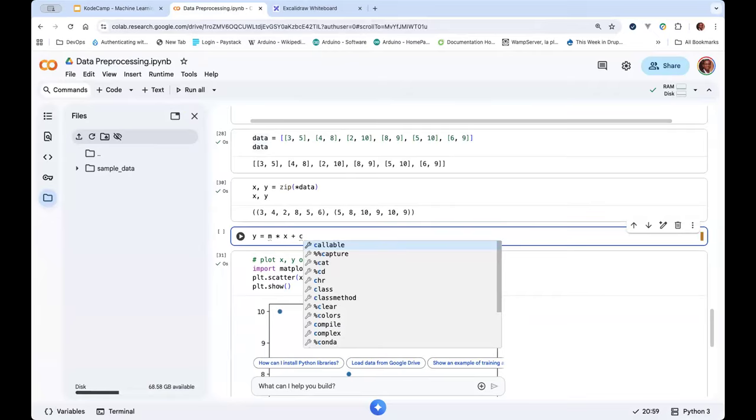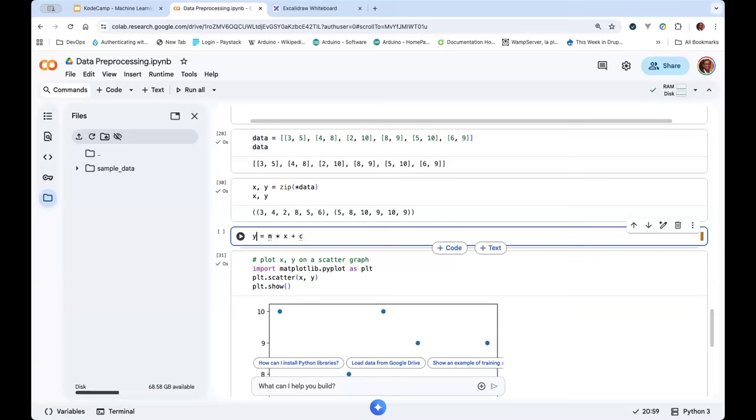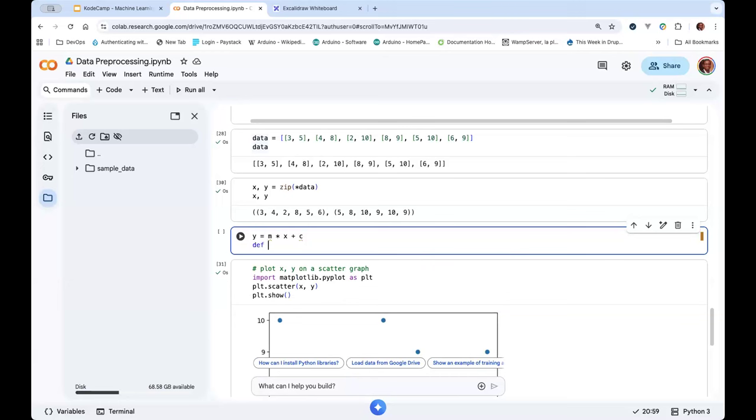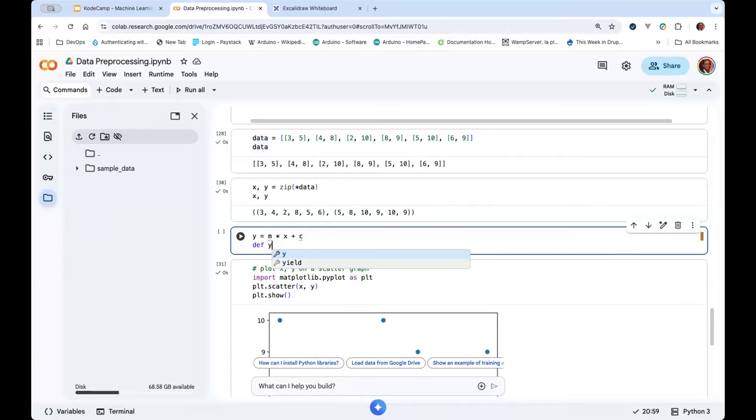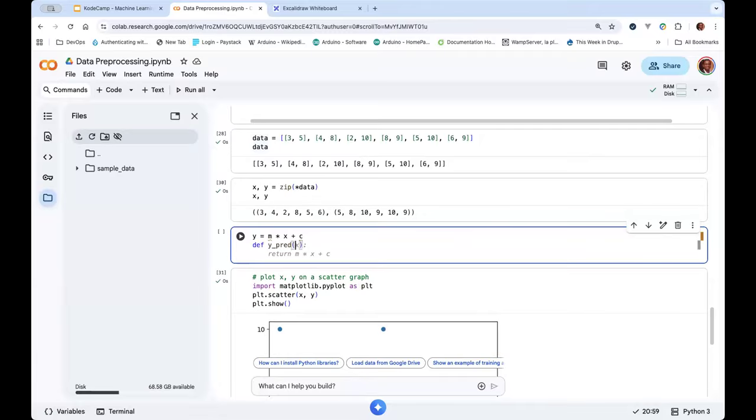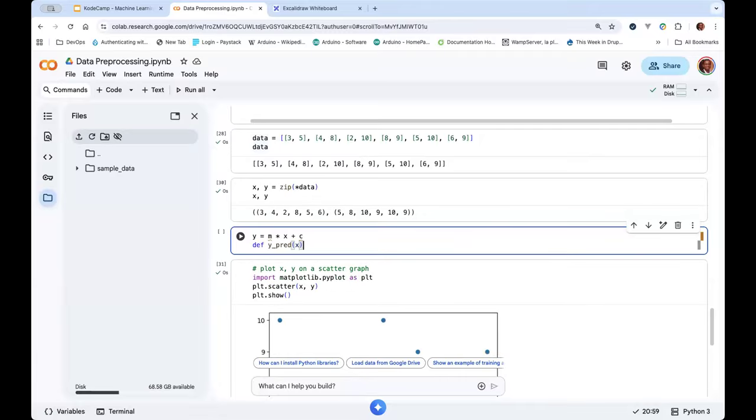This is our function, and I'm now going to make it a function in Python. In Python, you make a function by defining it, right? So we'll define it as y pred. Y pred x is this function that I have put here.